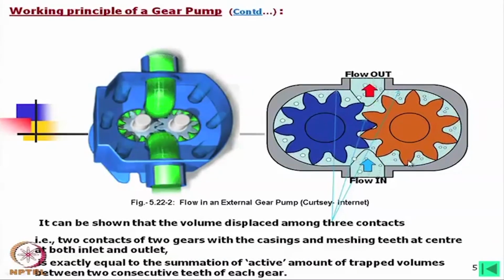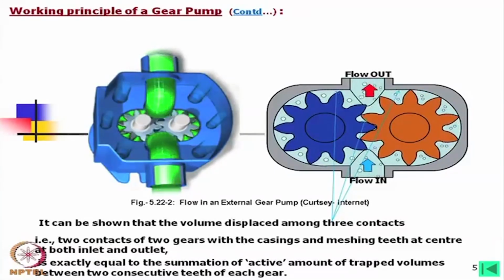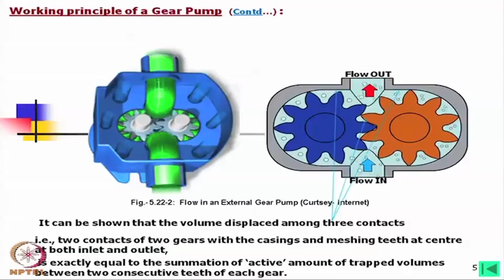This is one thing. The second thing which I am going to show now is that each time it is passing through, there will be some oil leakage, even through the contacts, that we should take care of. In that way, the efficiency of this gear pump is lower than what is available with the cylindrical pump and pistons.